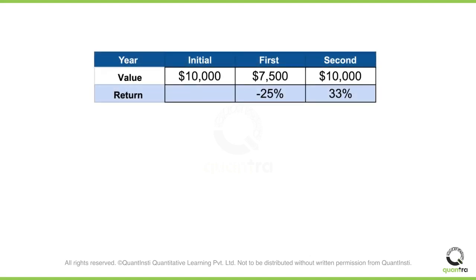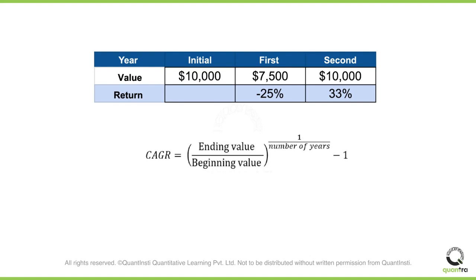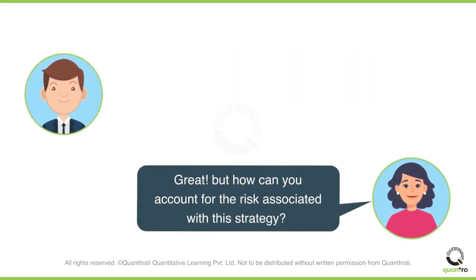John further adds that in the previous example, if we have to calculate the CAGR, we will divide the ending value of $10,000 by the beginning value of $10,000, raised to the power 1/2, minus 1, which will give a CAGR of 0%.